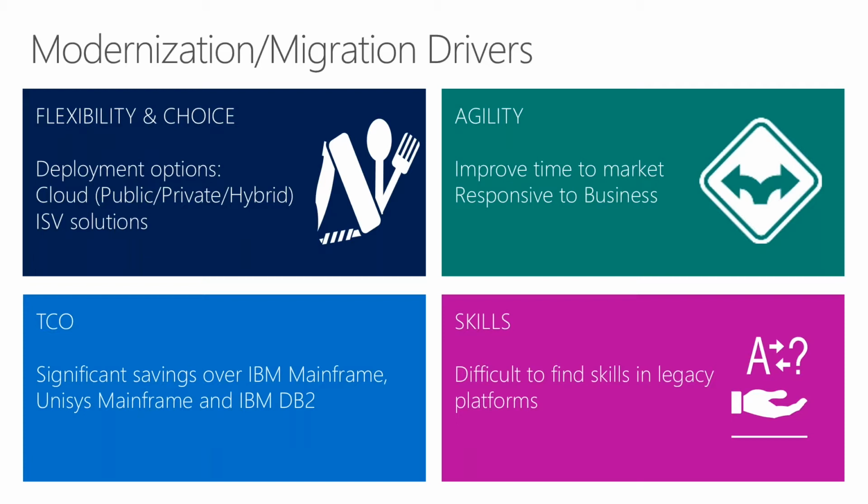But agility is also a big driver, getting into a more agile environment where I can change things around more quickly to meet business needs. And then I can't forget TCO. That's probably one of the biggest things we see in retail. Definitely, we have the capability of significantly lowering the hardware cost and your operating cost.